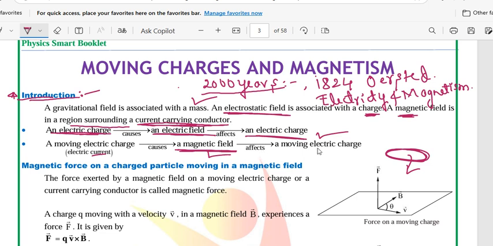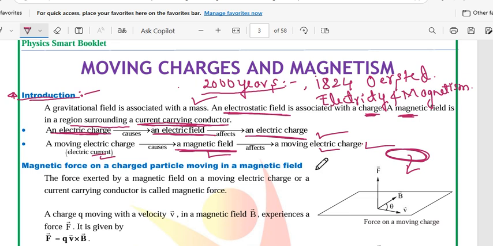That will affect the moving electric charge. Of course, the electric charges are moving here, the current is flowing in the conductor, so this produces the magnetic field. That magnetic field affects which phenomenon? Only moving electric charges. So this is just a part of the introduction.